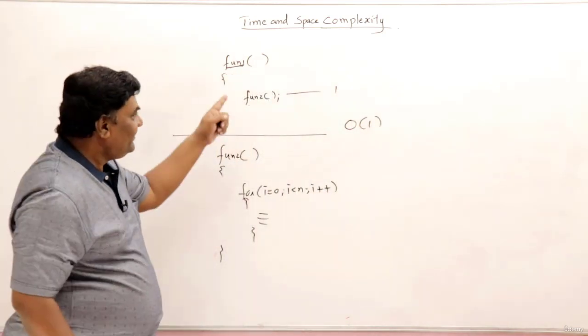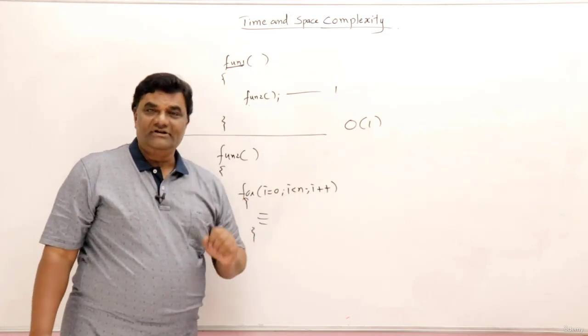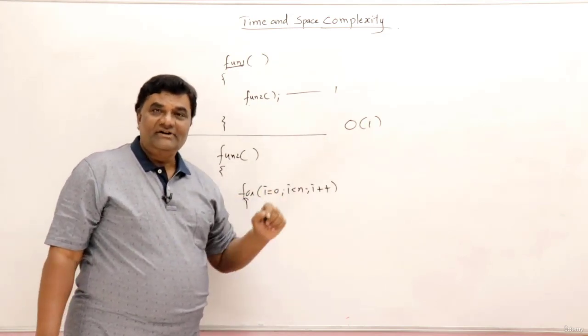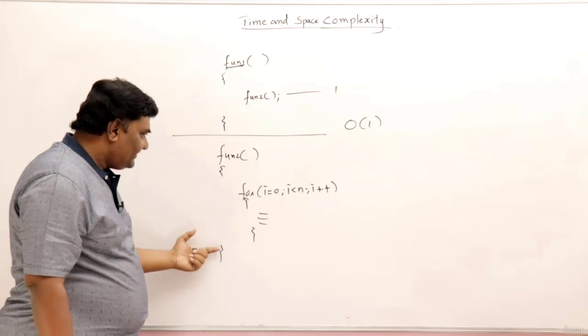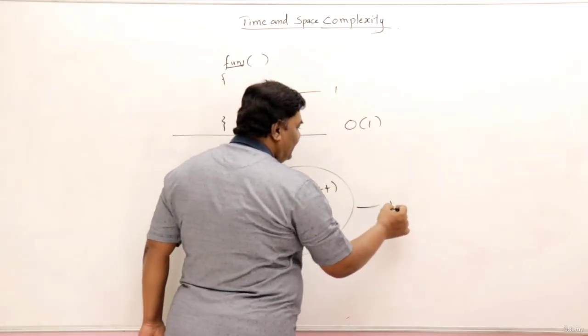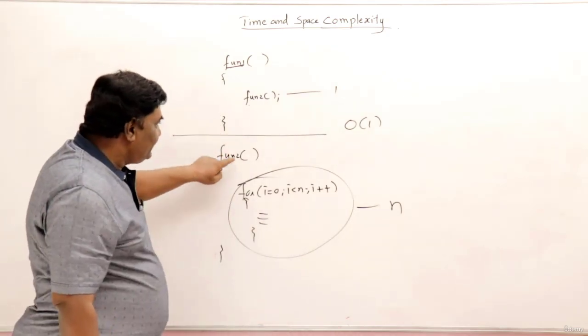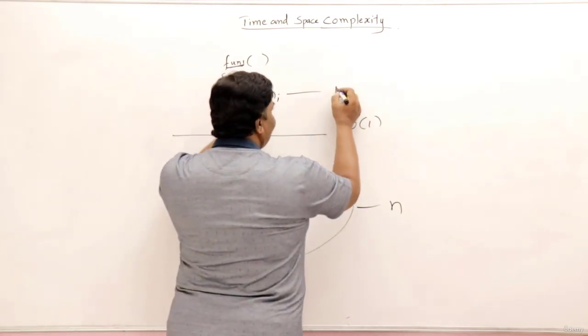Wrong. That's a function. How much time that function is taking, you find out that one. Don't say that statement is 1. Okay, look at this one. This is having a loop. So loop will take order of n time. So it's n. So the time taken by this function is not 1, it is actually n.